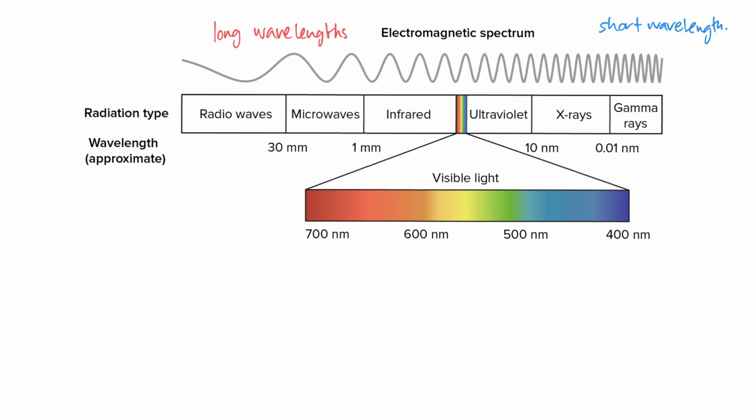Their frequencies work a little bit differently. If I have a long wavelength, then I've got a low frequency. If I have a short wavelength, I have a high frequency.